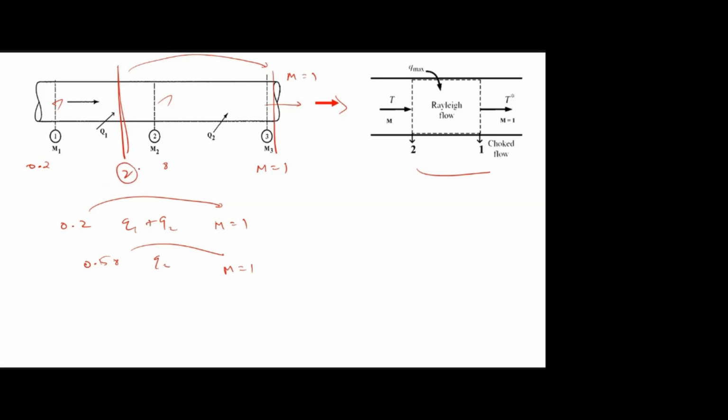So this arbitrary station I am taking as station 2, with properties M, P, T, rho, like that. And the sonic station I am mentioning as 1. So M equal to 1 means the corresponding properties will be P star, T star, rho star, etc. So this is my final control volume.